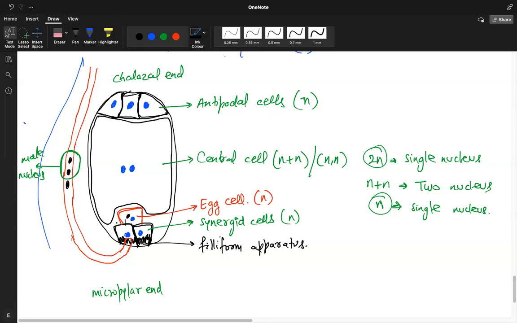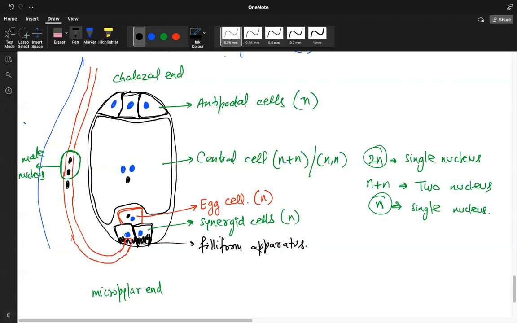Is this clear? Give me a thumbs up if this part is clear. And the other male nucleus crosses the egg cell and goes into the central cell, and then these three together fuse and become a 3n structure known as endosperm. So a 2n and a 3n.